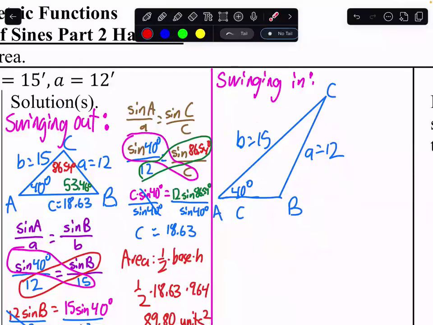So what should we do to start? Well, we can start the same way, right? We have both parts of A, we have one part of B. So let's do the law of sines for the A's and the B's.